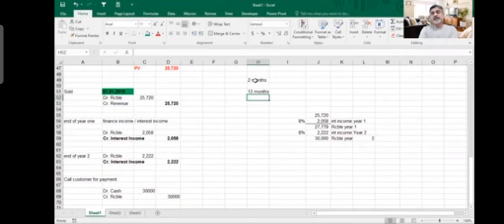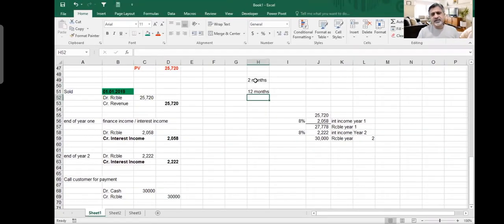If the contract says that if you do not pay within 60 days, we would be charging 0.05% or 1%, whatever is written, and the customer has agreed to pay that, then that late payment charge will also go into the interest income. Your original invoice, the revenue from the sale of the good, will not change. Anything additional coming in later on should go into the interest income.